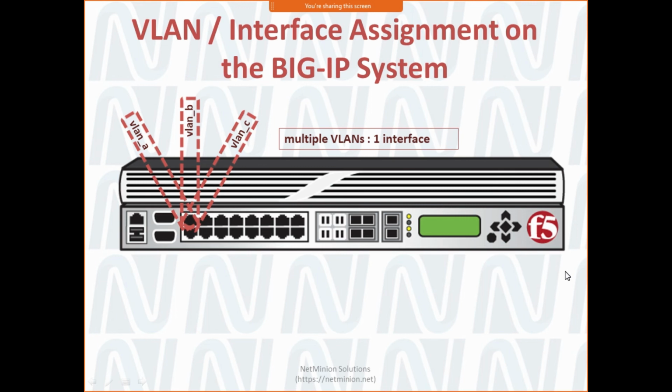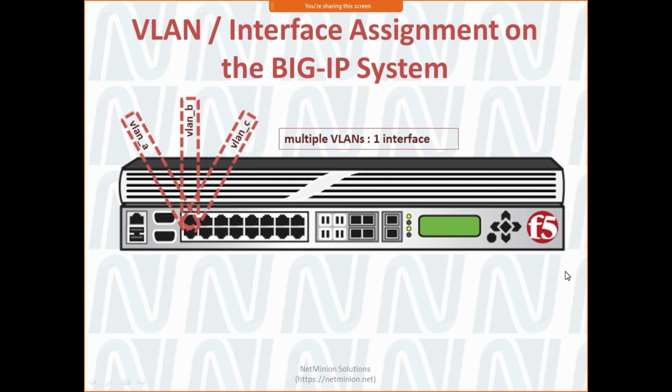It is a bit equal to Cisco terminology, access port and trunk. If one VLAN is coming out of one interface, you can create a VLAN and assign the interface to that VLAN as an untagged interface, and you cannot associate other VLANs with that interface.